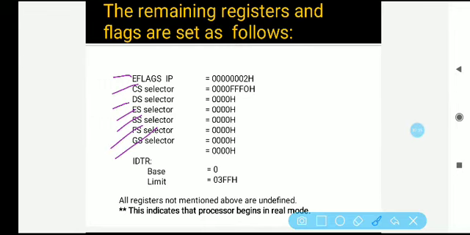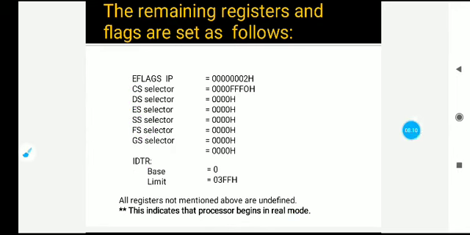So these are all the extra segment values. Then the IDTR. IDTR has base value 0 and limit value 03FFH. All registers not mentioned above are undefined. So these are the values after the resetting of 80386.